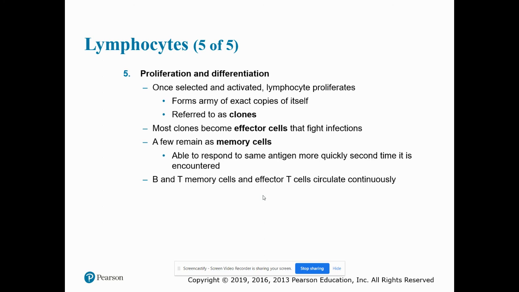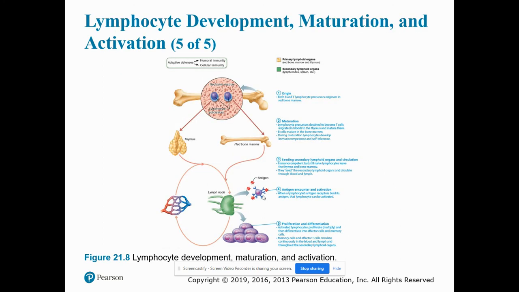And then we have B and T memory cells and effector T cells circulate continuously. This is just the last part with the proliferation and differentiation down in here. And then the memory cells and effector T cells will circulate around. Memory cells can last years.